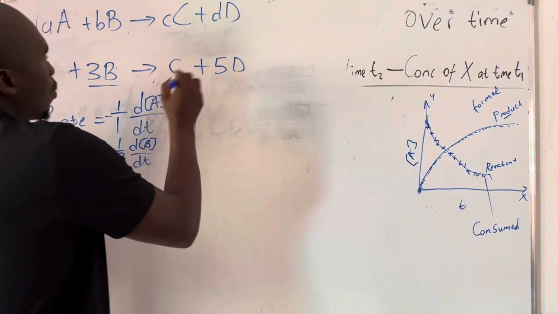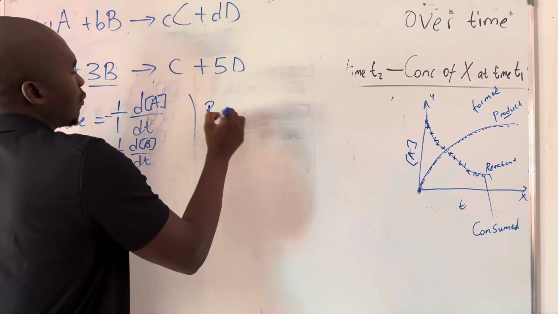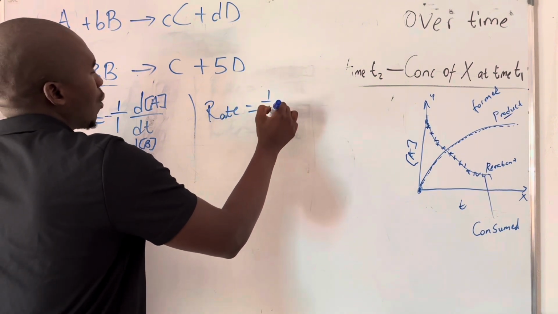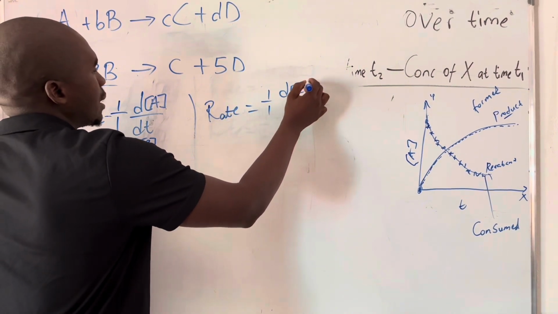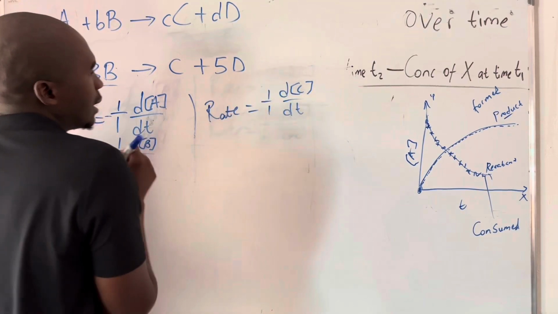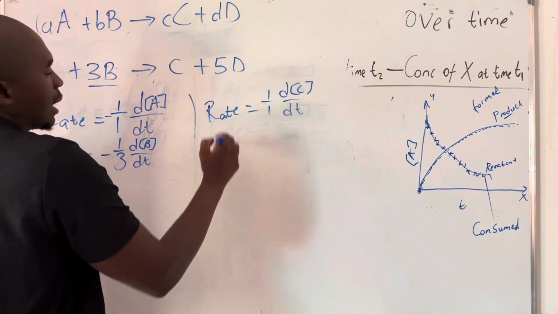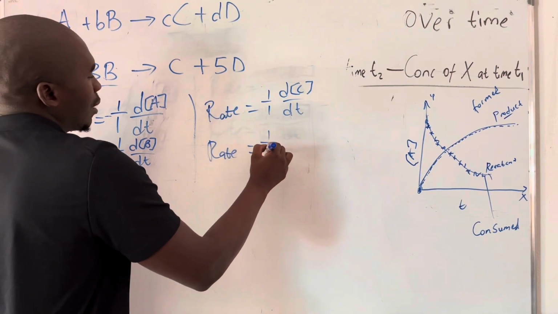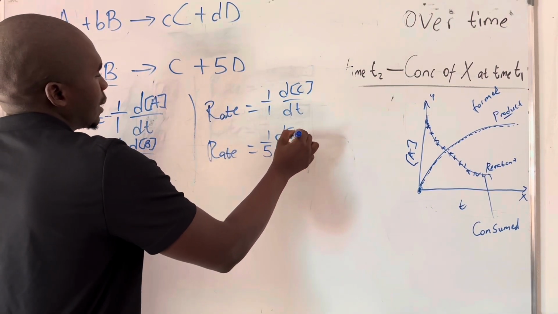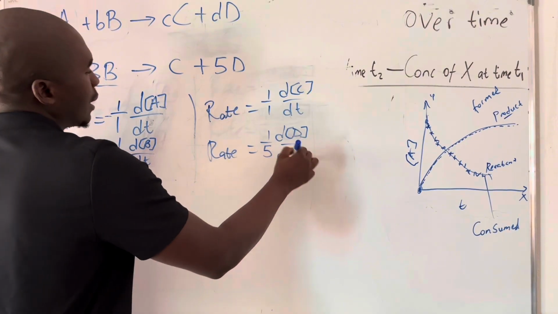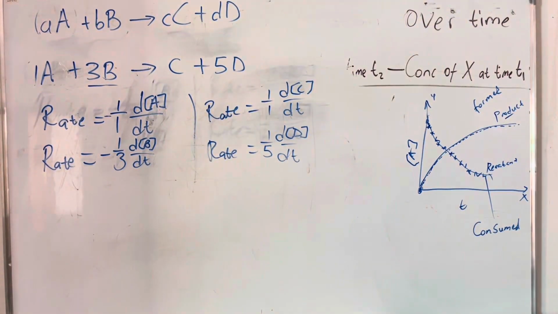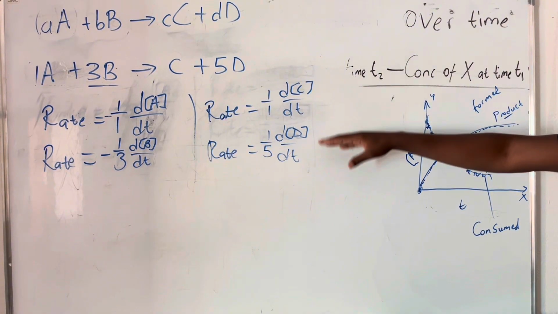What about now for the product? Obviously for C, it's going to be 1 over 1, dC over dt. What about for the last one? The rate for the last one will be 1 over 5, dD over dt. If you check it out, on the product side we don't have a negative.